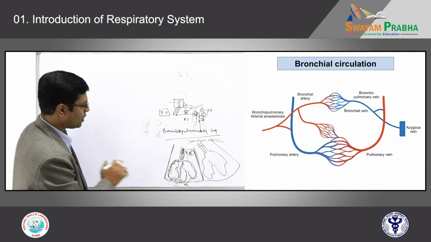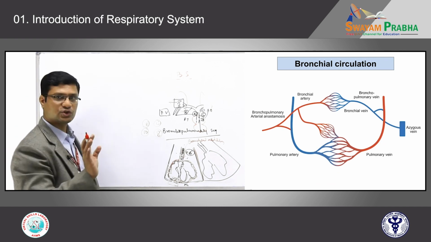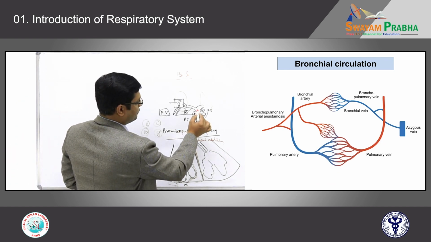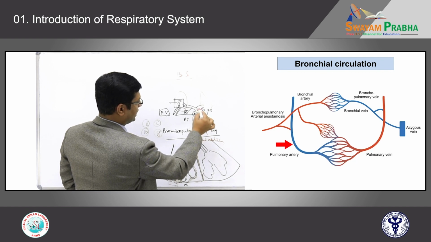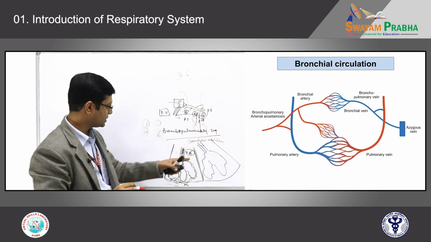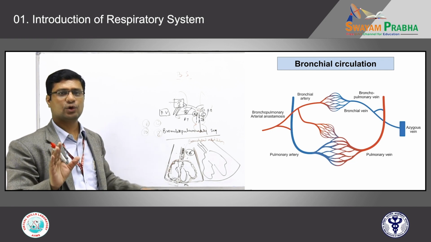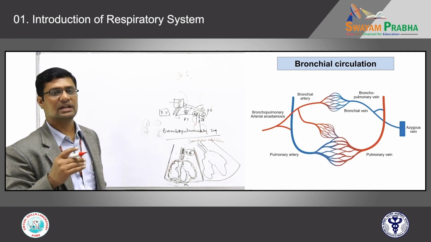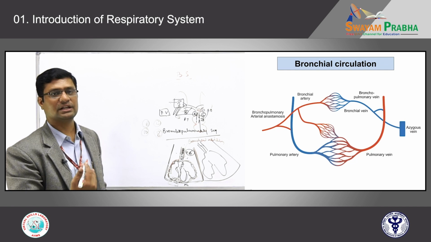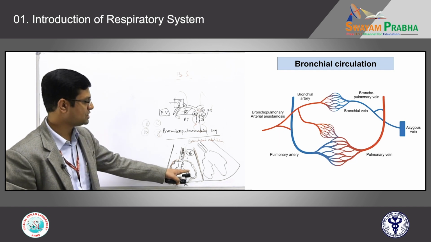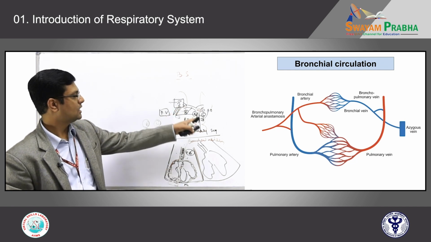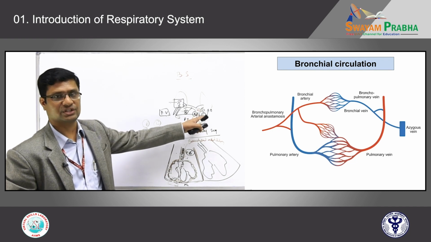Let us see what the function of these circulations is. All of you should remember, the main function of the pulmonary artery and pulmonary vein in the lung parenchyma is only gaseous exchange. It takes the oxygen and gives out the carbon dioxide. All this exchange is carried out by the pulmonary artery and pulmonary vein circulation.